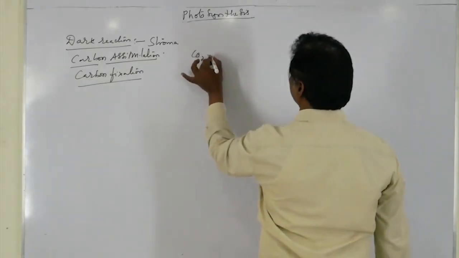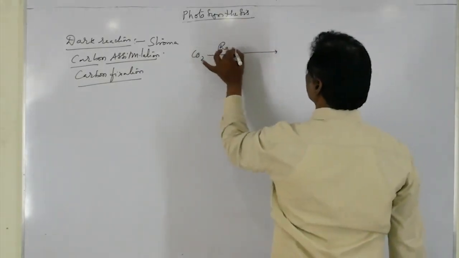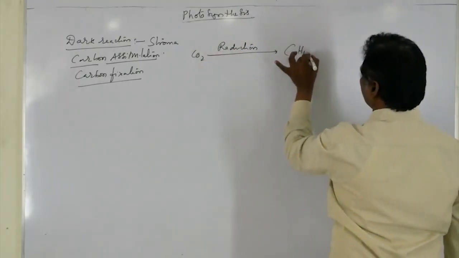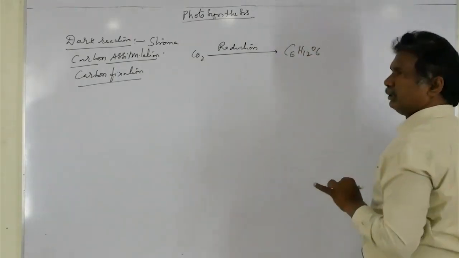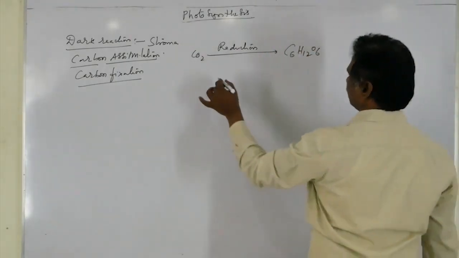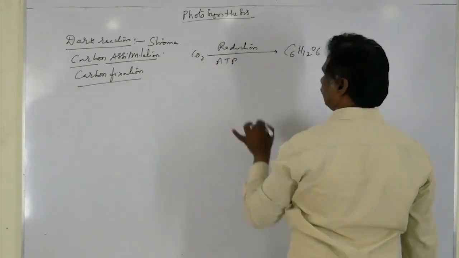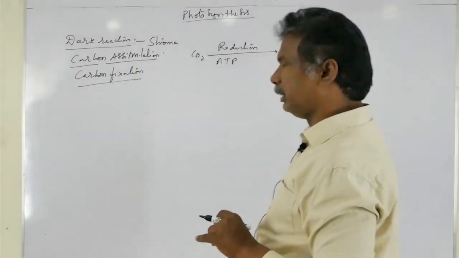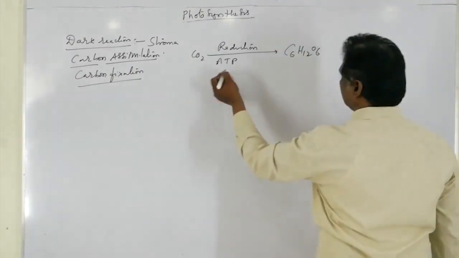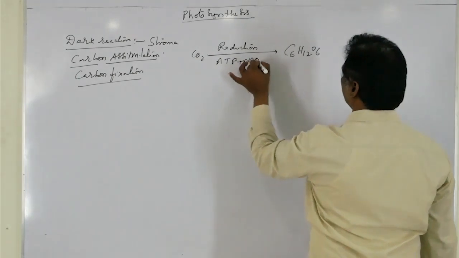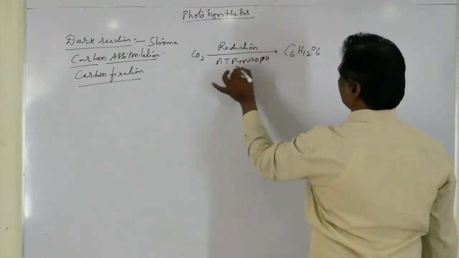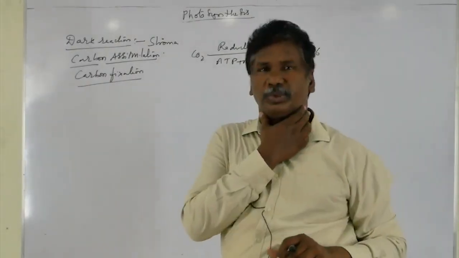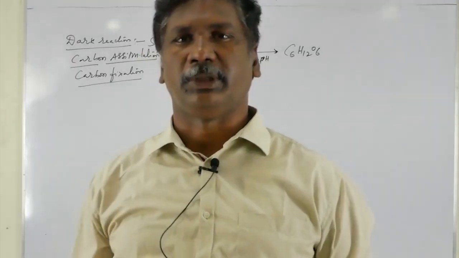Carbon dioxide undergoes reduction and produces carbohydrates by utilizing the energy synthesized during the light reaction. That is called assimilation energy or assimilatory power, ATP and NADPH.